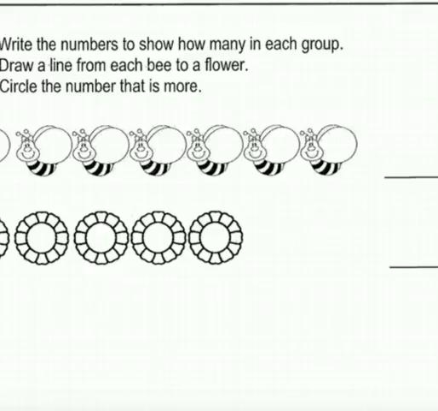Once you're done, draw a line from each bee to a flower. So Miss Jones should see some lines to show a bee to a flower. And keep going to draw a line from each bee to a flower.